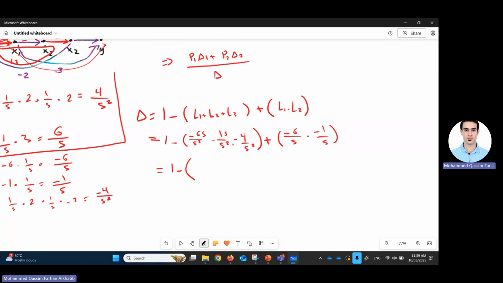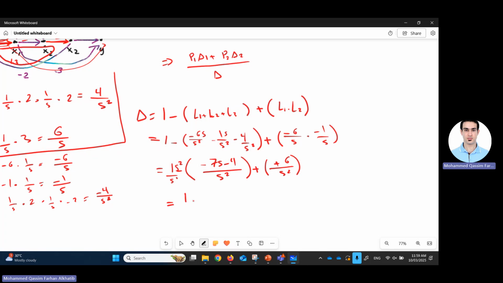They will all be added. So it's going to be negative 7s minus 4 over s squared plus positive 6 over s squared. So in this one, s squared.